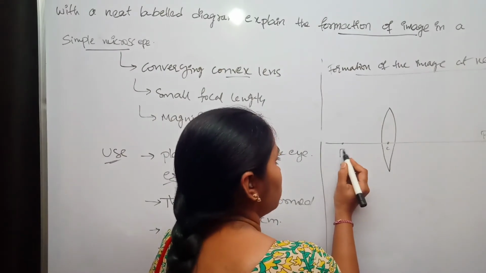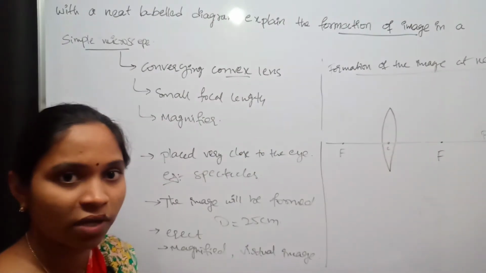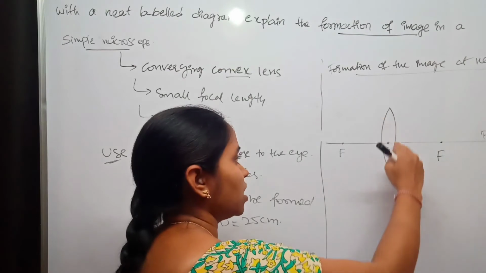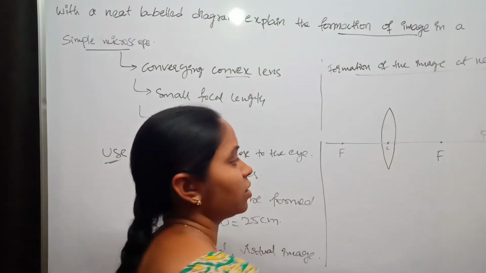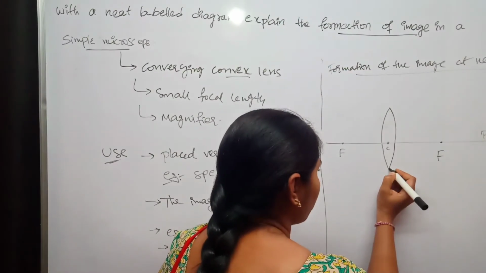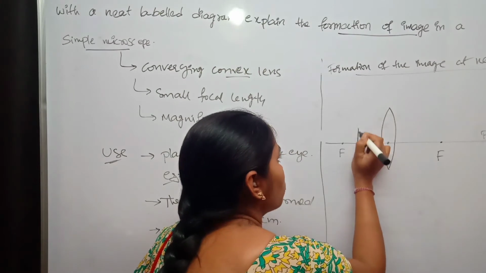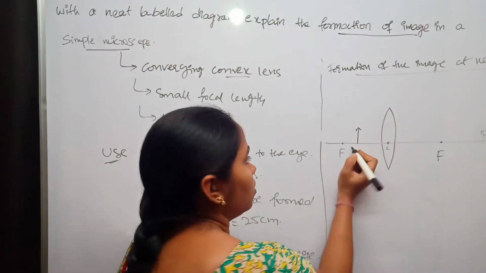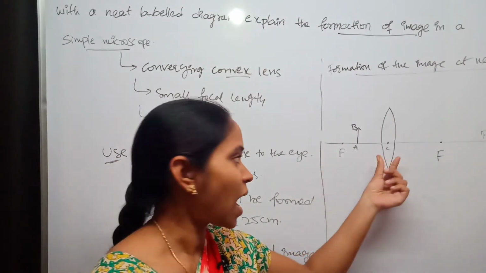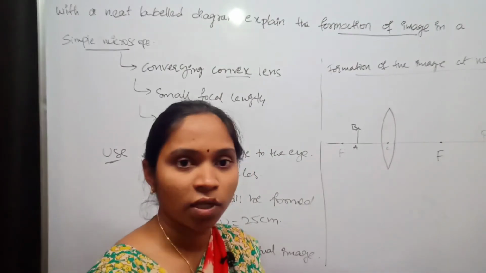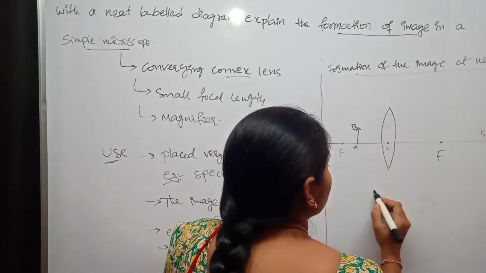Here we have two focus points because we have taken a double convex lens. And I am taking the object AB in between the focus and the center of the lens. Then this is the ray diagram.